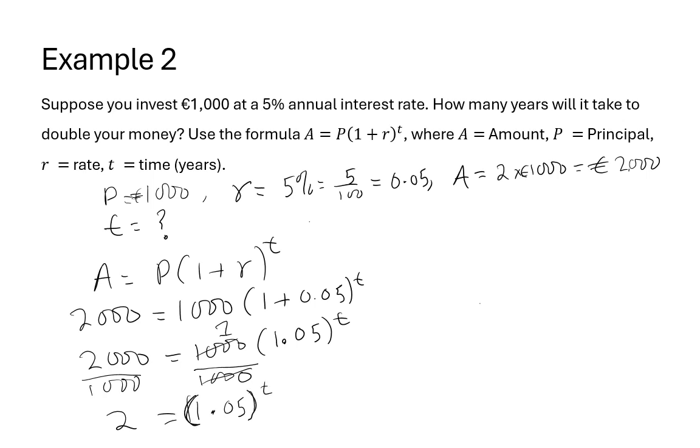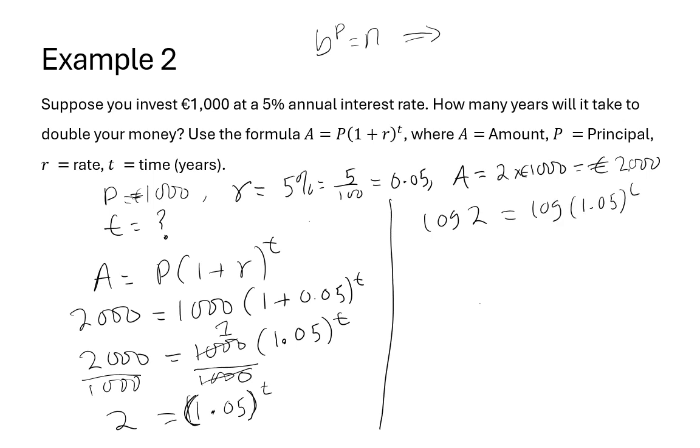So now, whenever you have b raised to the power of p equal to something, we just take the log of both sides. If we take the log of both sides, we have log 2 is equal to log of 1.05 to the power t.